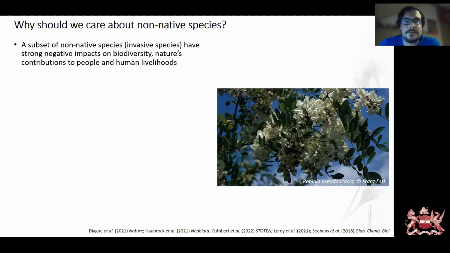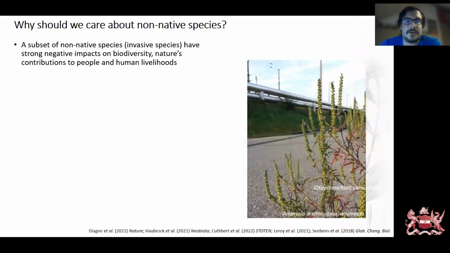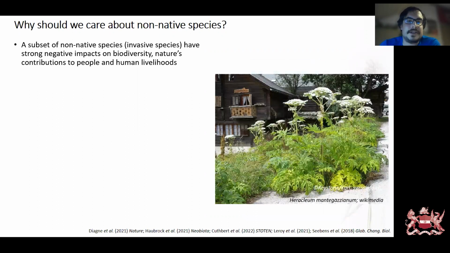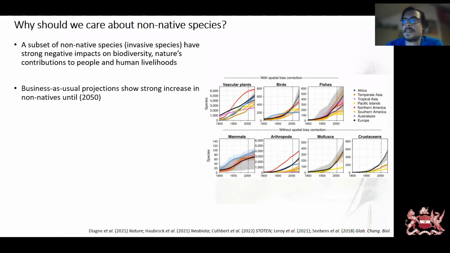Here as an example, Robinia pseudoacacia, which replaces native species in Europe, changes entire ecosystems through the nitrogen fixation in these regions, for example. But also we have species like Ambrosia artemisiifolia, or ragweed, or Heracleum mantegazzianum, which cause allergies or phototoxic reactions. So they really directly impact people and human livelihoods.